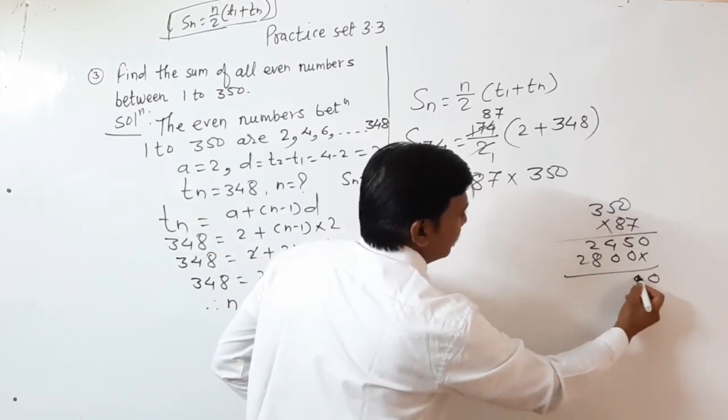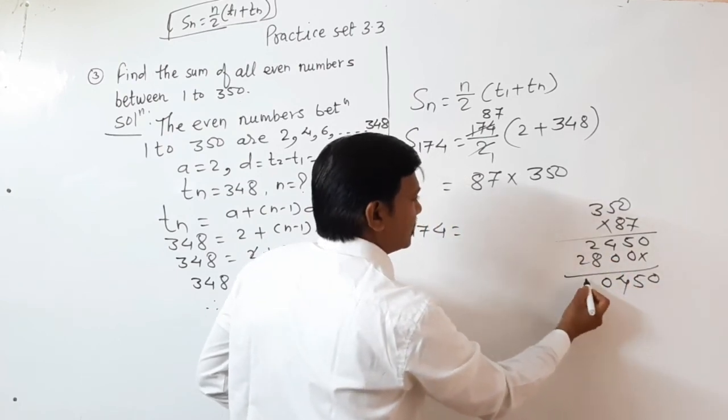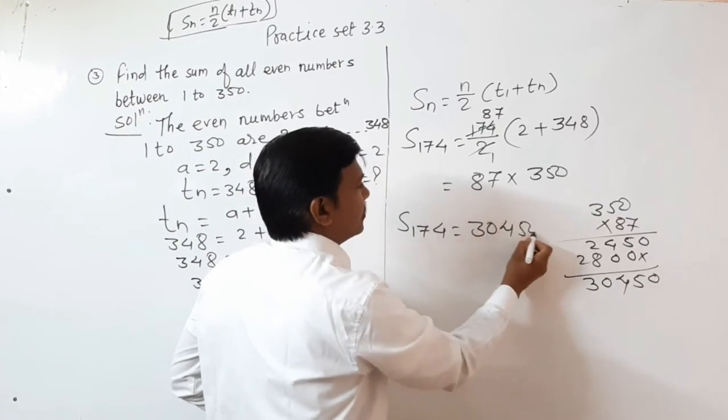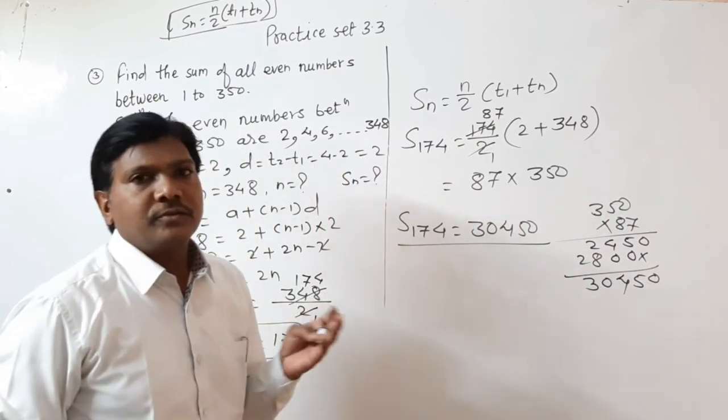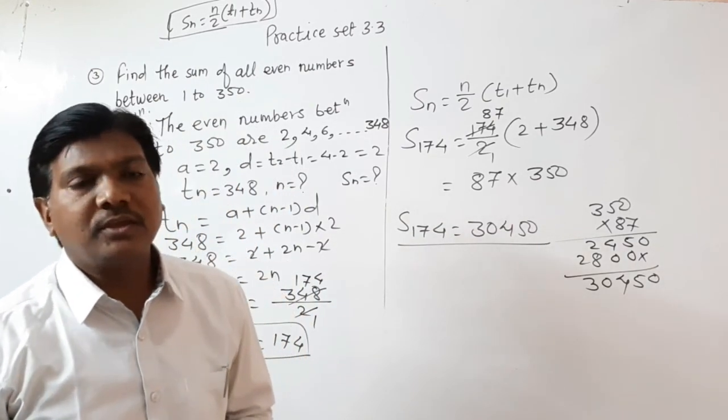So this is 30,450. 30,450 is the total sum of even numbers from 1 to 350.